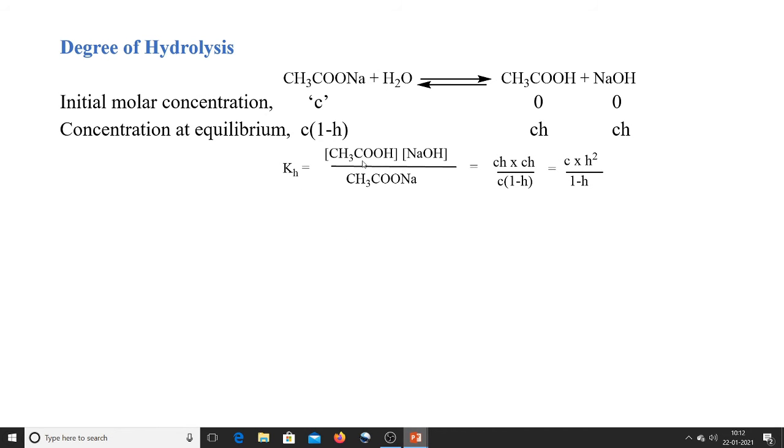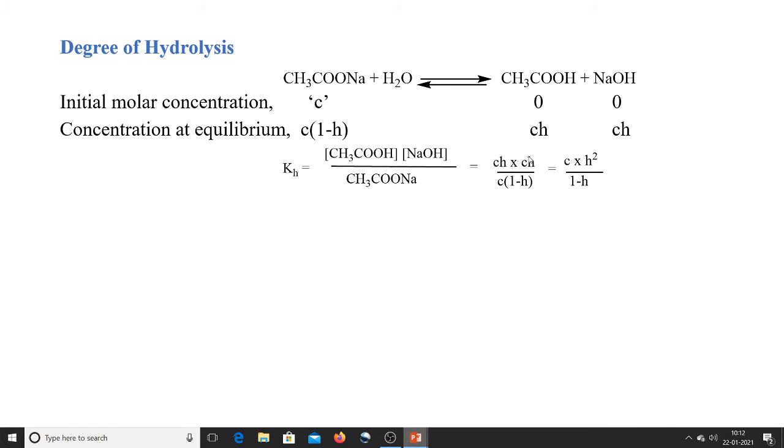Now the concentration at equilibrium. The acetic acid concentration is C into h, NaOH is C into h, upon sodium acetate, which is C into (1 minus h).